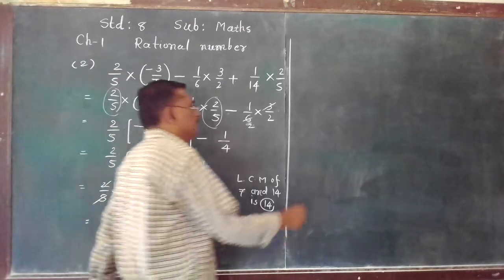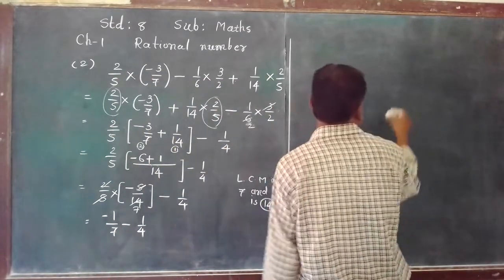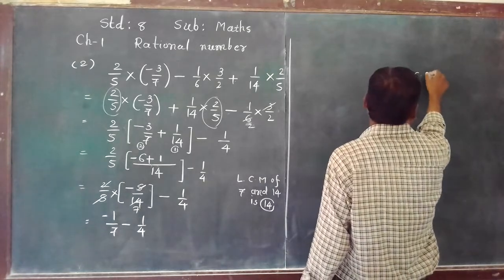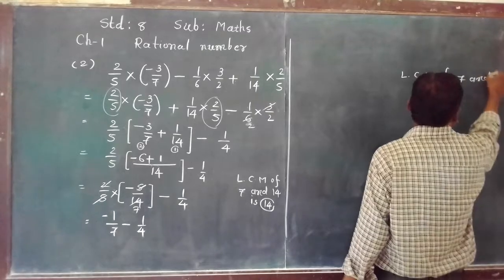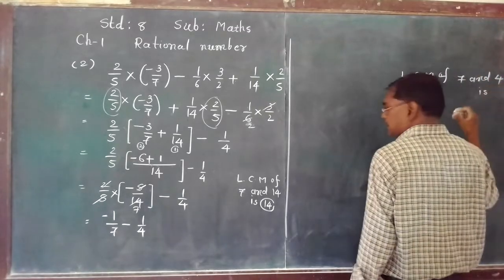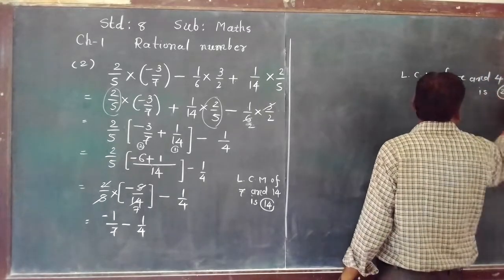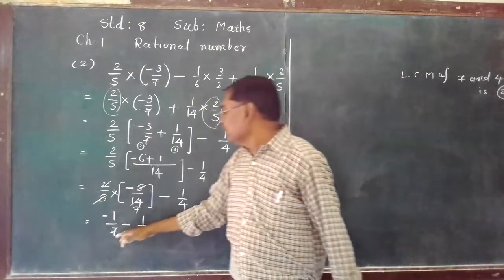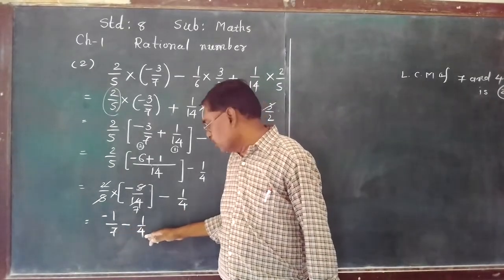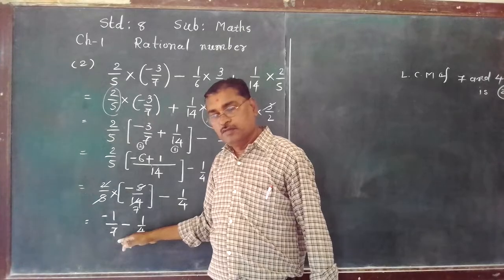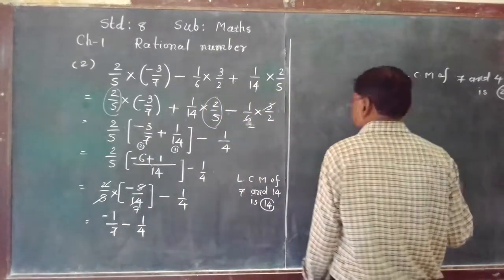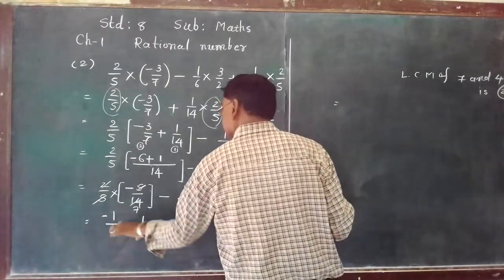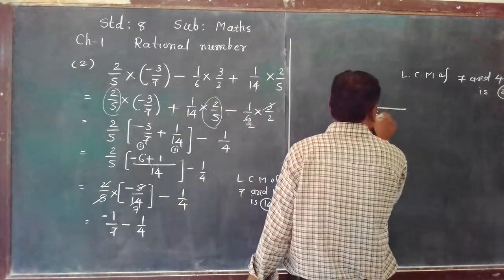Now we can write here again LCM of 7 and 4 is 28. How 28? In the 7 table 4 will not come, in the 4 table 7 does not come. Okay, means 7 4s are 28. Now LCM is 28.